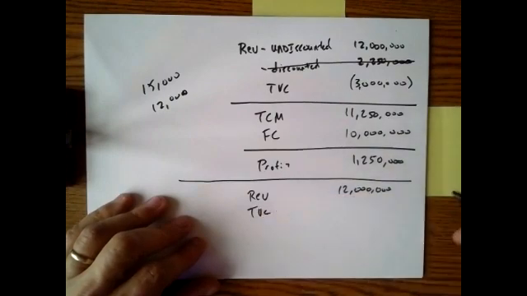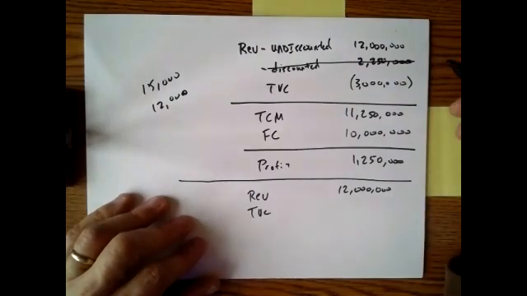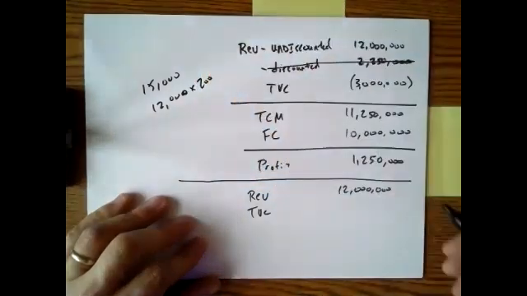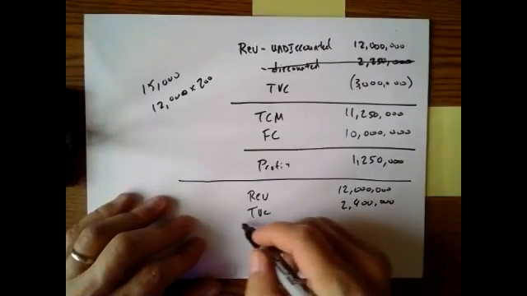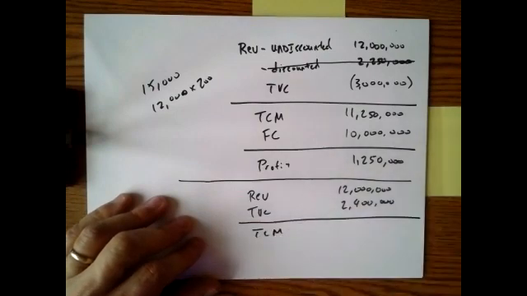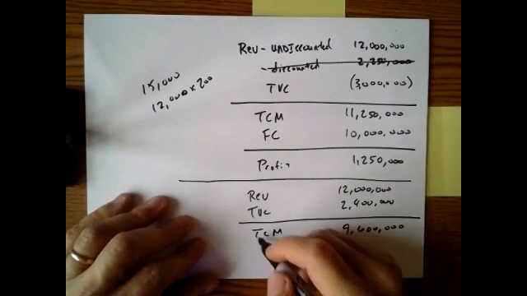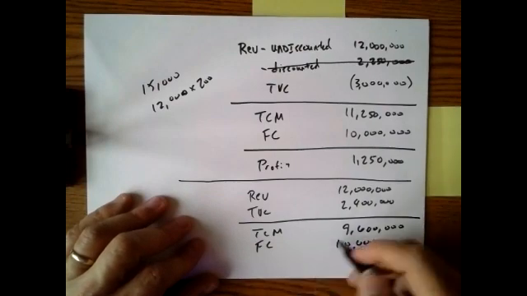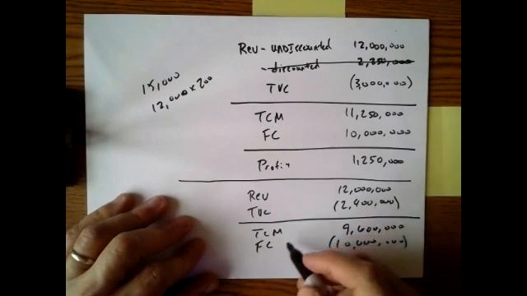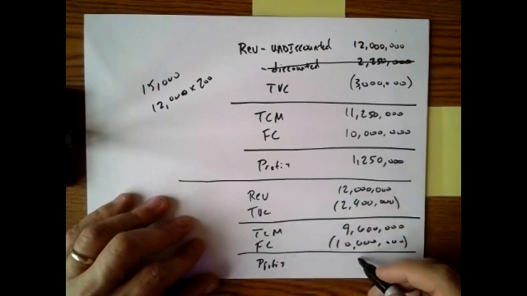Our total variable cost would be 12,000 times the 200 that we had before, which is 2.4 million. So our total contribution margin now is 9.6 million, right? Our fixed costs are 10 million, and so our profit would be a loss of 400,000.